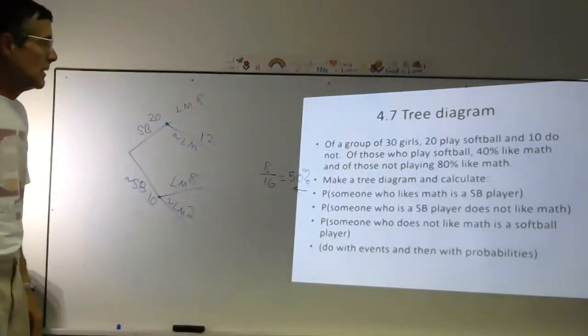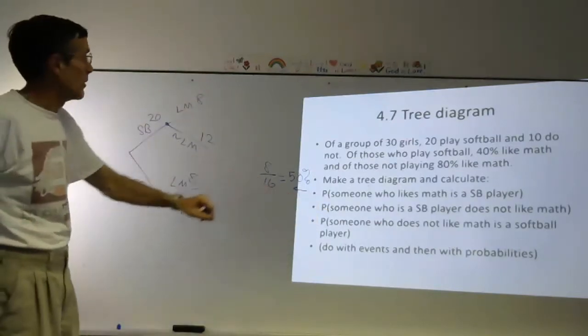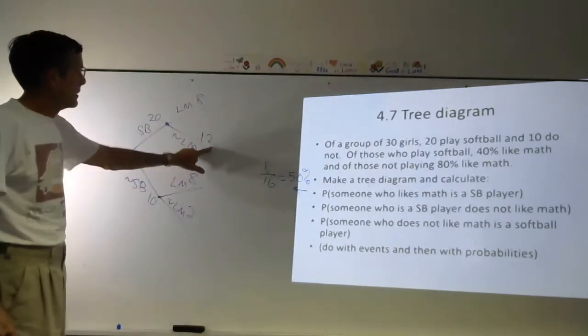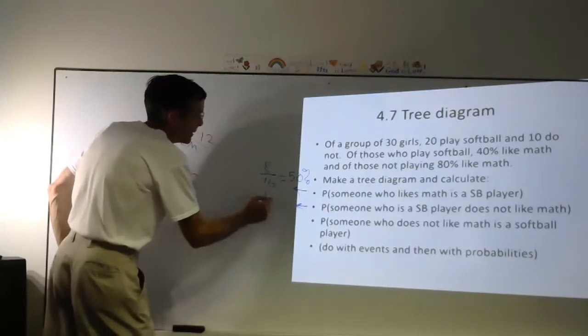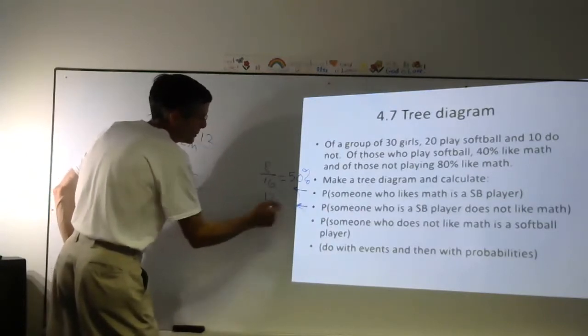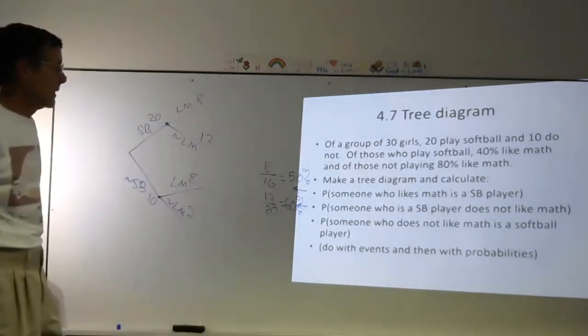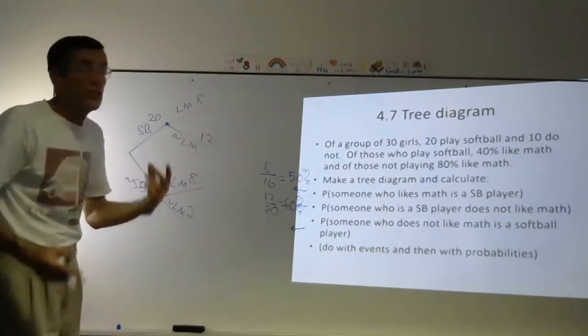Okay? What is the probability that someone who is a softball player up here does not like math? It's 12 out of 20, which should be 60%. Okay? What is the probability that someone who does not like math is a softball player?